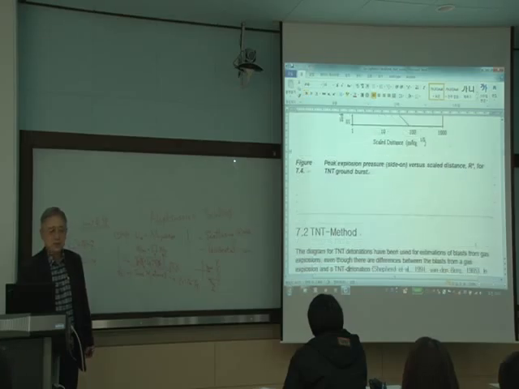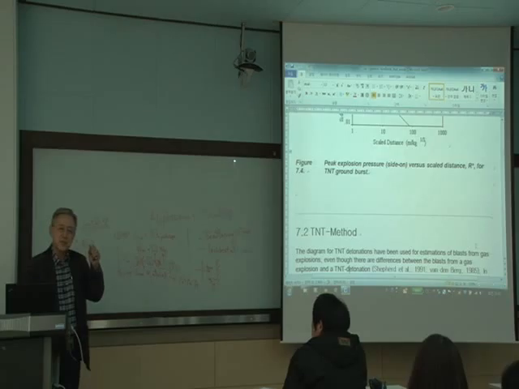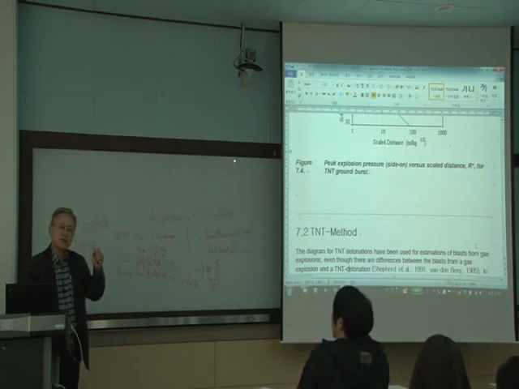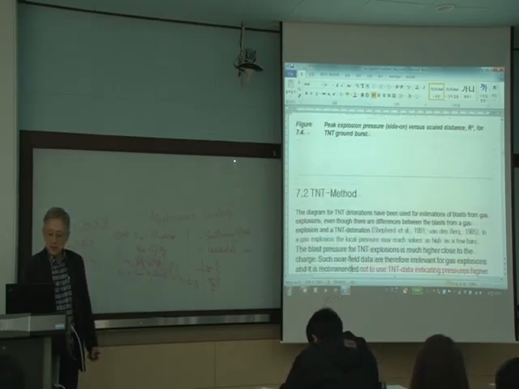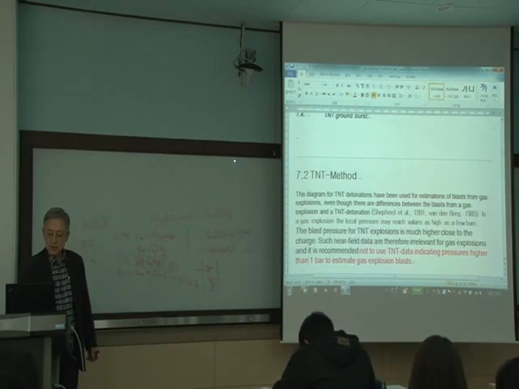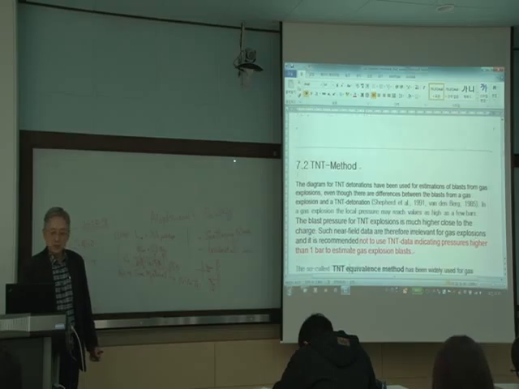Here is scaled distance versus side-on peak pressure. The TNT method is one of the methods, the idea being to try to predict the case of gas explosion. I read this, but what they are claiming here is don't use this TNT data unless the pressure is higher than 1 bar, because high explosive results are not good for low pressure.